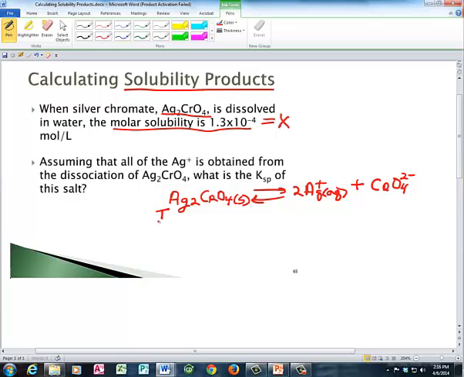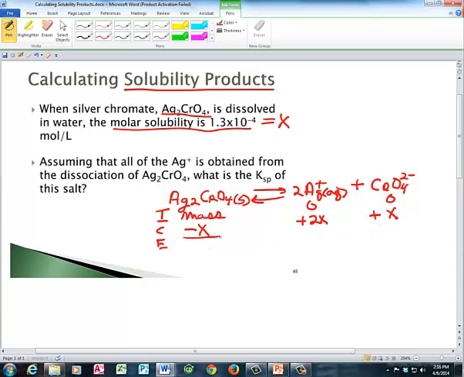Now, in our ICE table, we have some mass of this to start with, and we don't know its concentration, not in any way that would help us with the molar solubility. But we can measure the initial concentration of silver ion and chromate ion as 0. As silver chromate dissociates, every time 1 mole of silver chromate dissociates, I get 2 moles, 2 times X, of silver ions, and I get 1 mole, or 1X, of chromate ions.